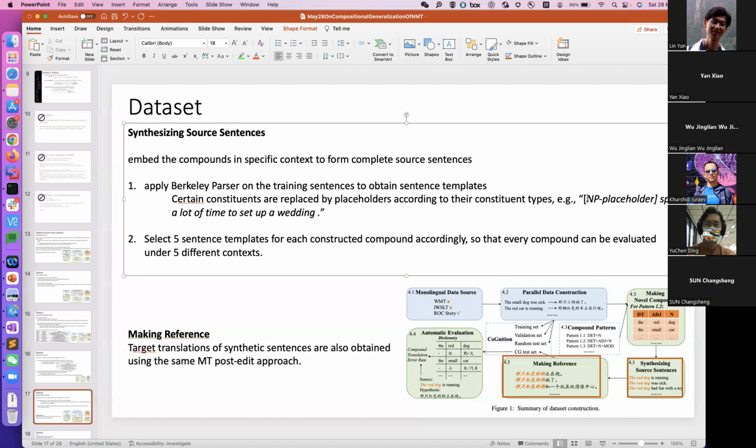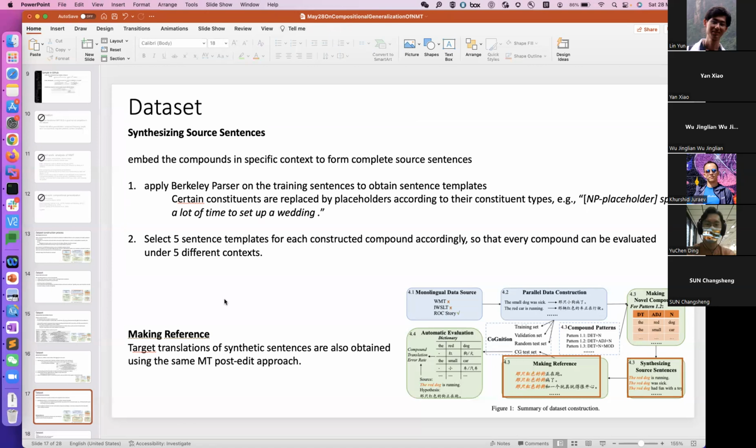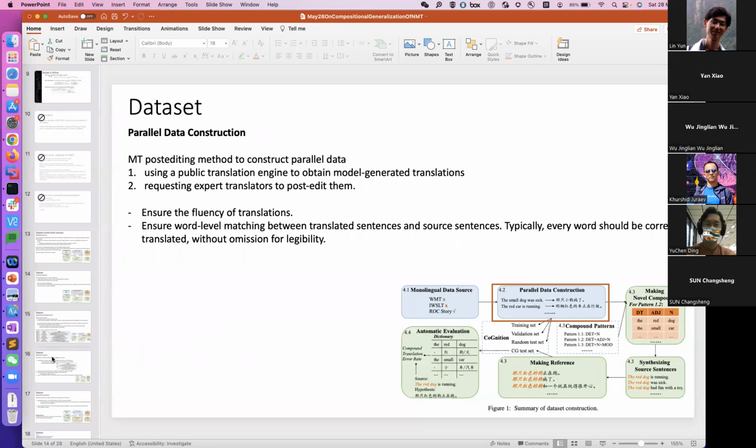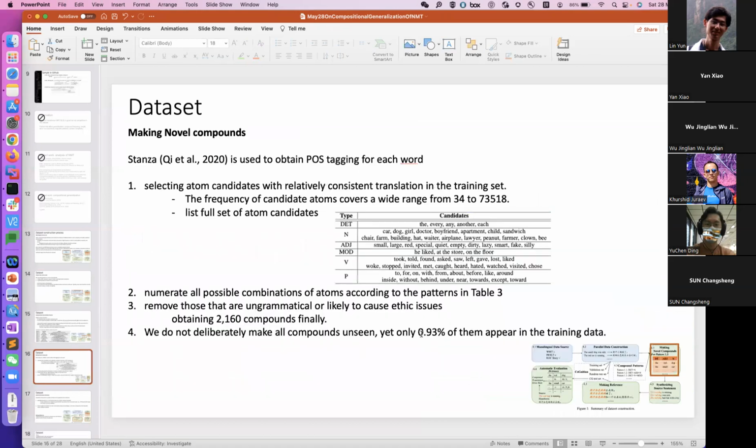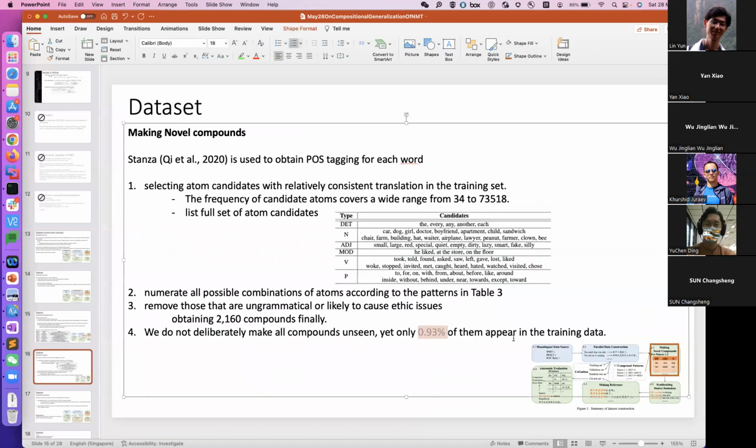It depends, I don't think so. I'm not sure. And how likely will it appear in the training data set? Do all the compounds come from the training data set, or are there other sources? The compound items are from the training data sets, but after you combine them, these combinations may not appear in the training data set.